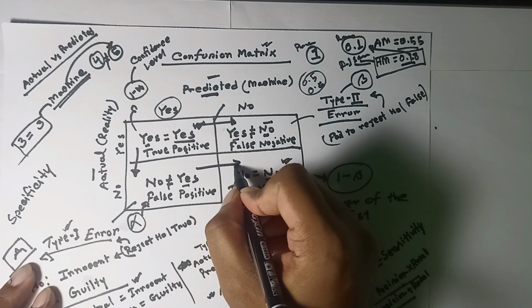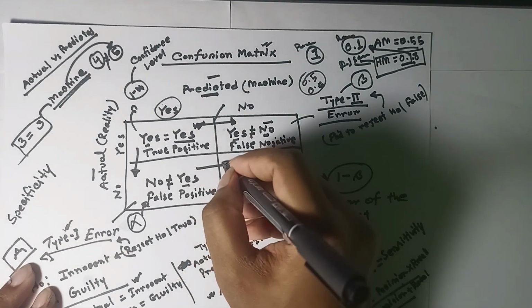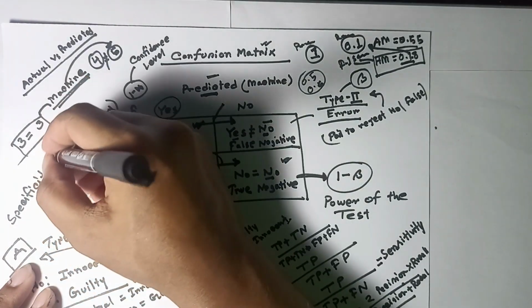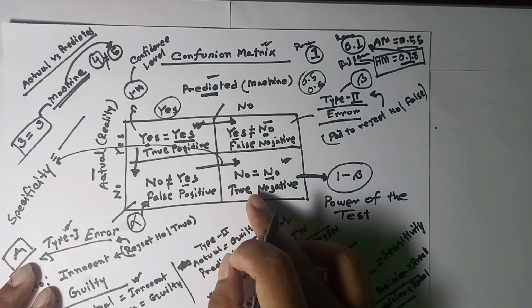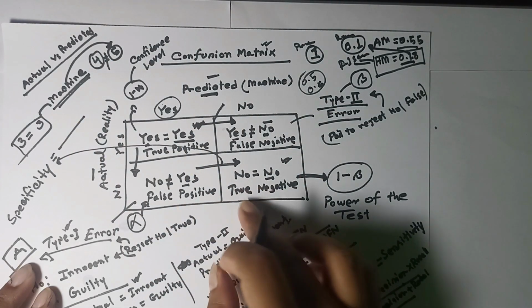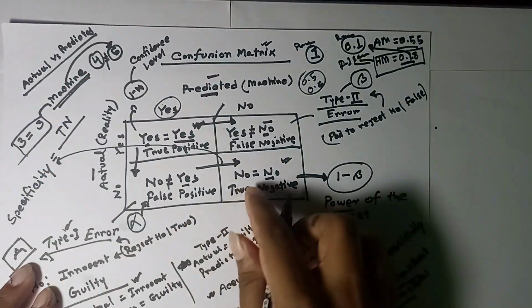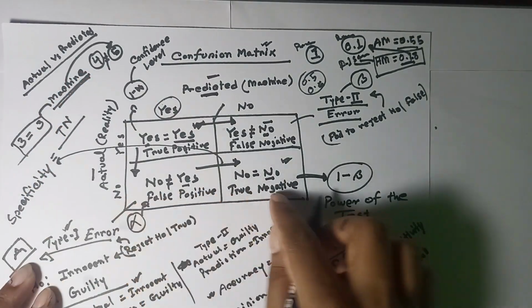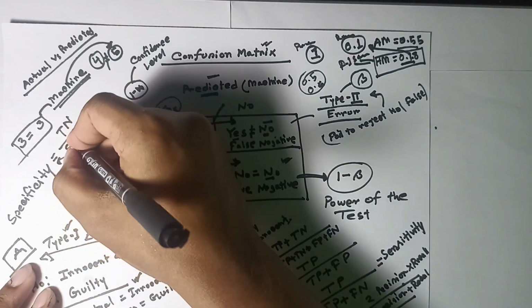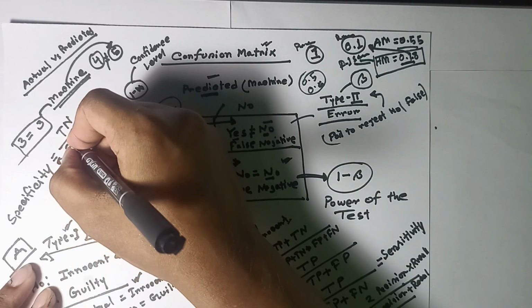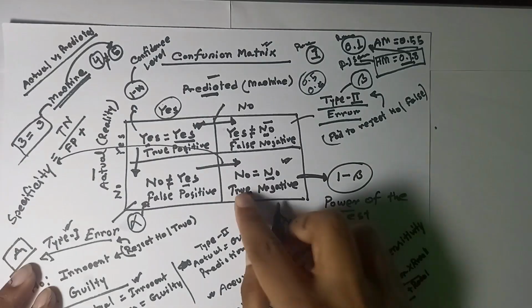This one is your specificity, and it is defined as how many true negatives there are out of all negatives: false positive and true negative.